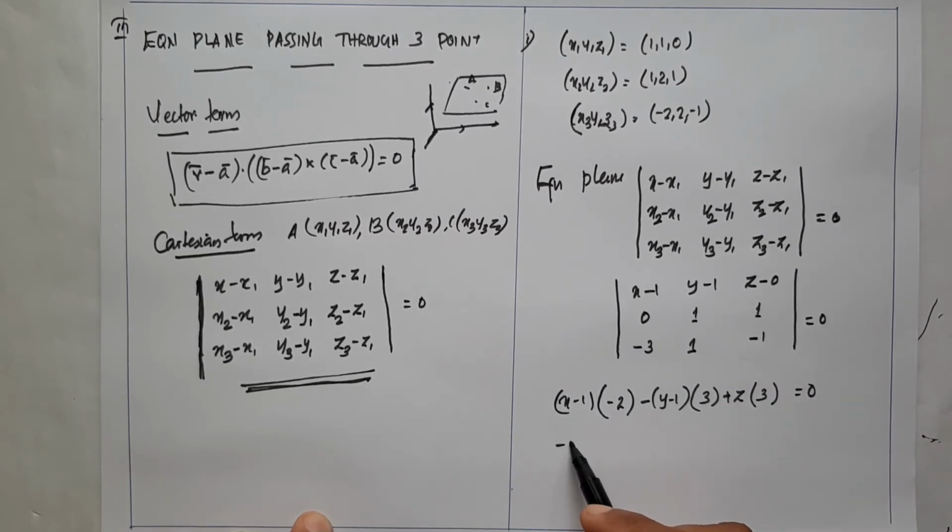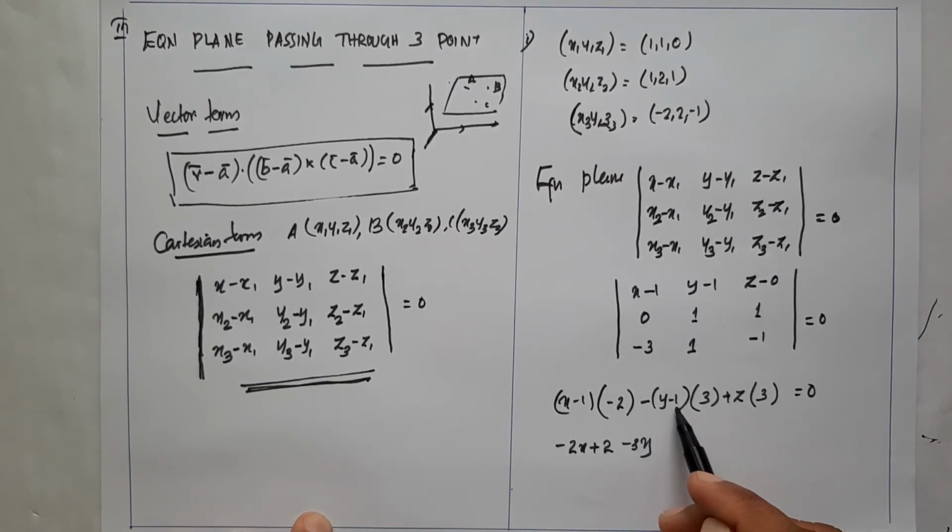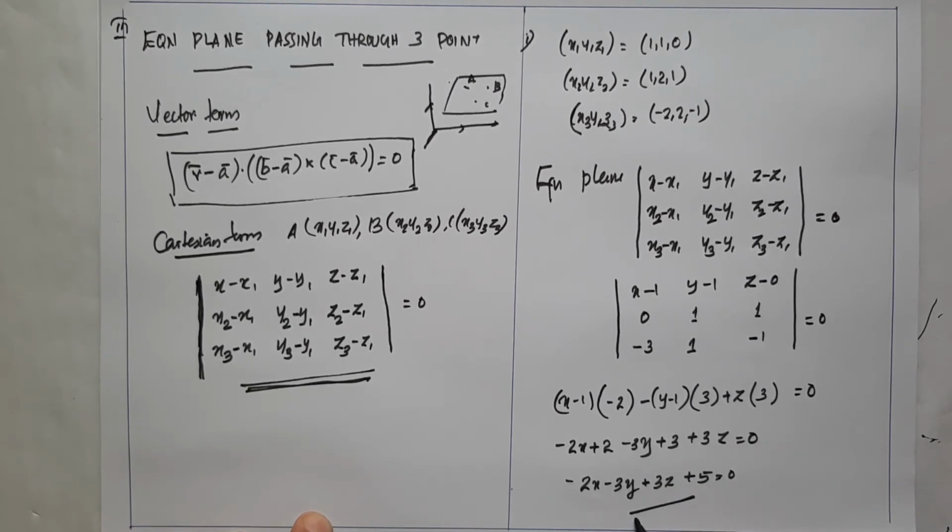Now multiply, we get minus 2x plus 2, then minus 3y, minus into minus plus 1 into 3 plus 3, 3z equal to 0, and therefore minus 2x minus 3y plus 3z plus 5 equal to 0. That's the equation of the plane passing through 3 fixed points.